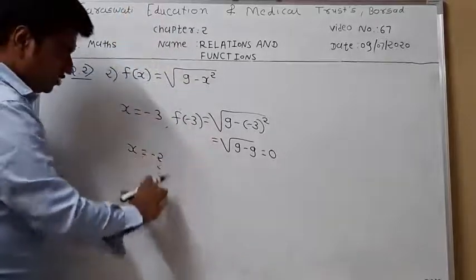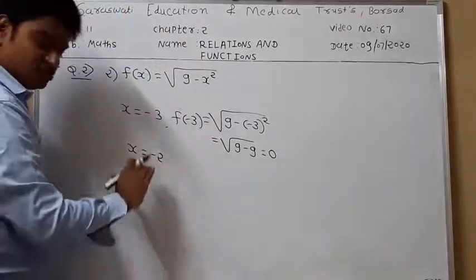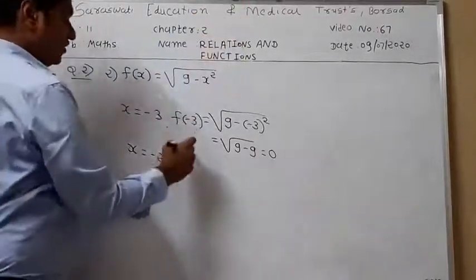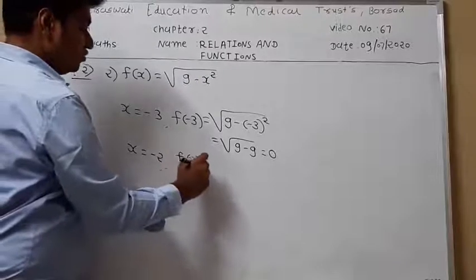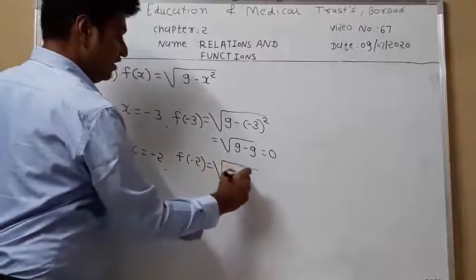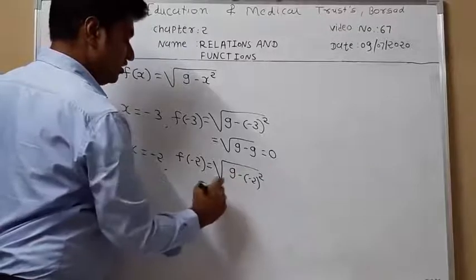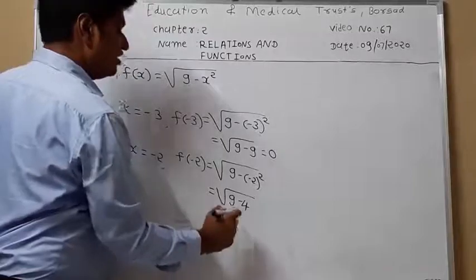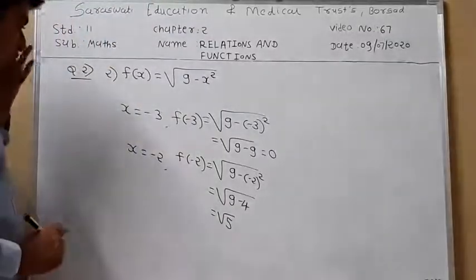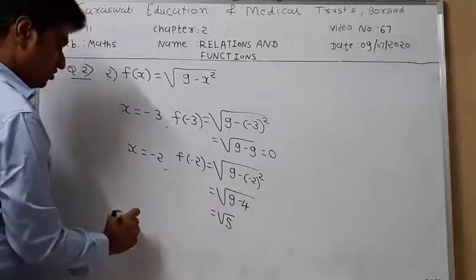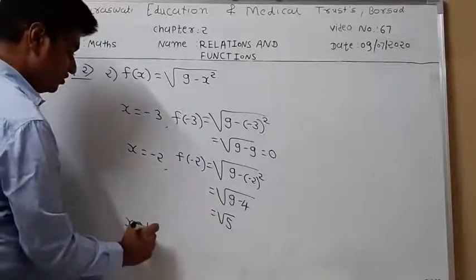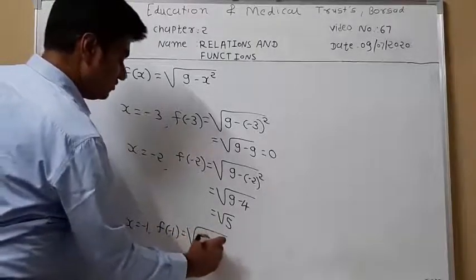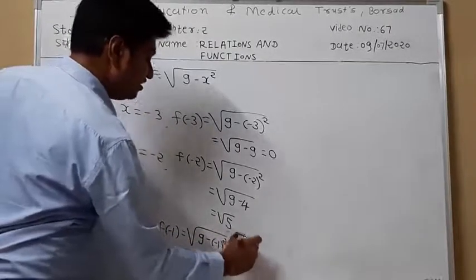Now going to the upper part: minus 3, minus 2, minus 1, 0, 1, 2, 3, 4 like that. So f of minus 2 is under root 9 minus 2 whole square, that means under root 9 minus 4, that means under root 5. Then x is equal to minus 1: f of minus 1 is 9 minus 1 square, that means under root 8.